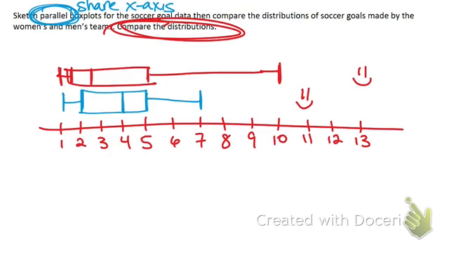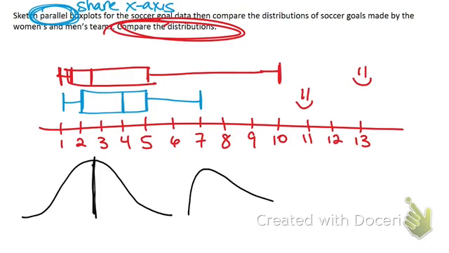Okay, this can be a little bit tricky. Let me show you how to tell the shape of a box plot. We have a symmetric distribution. Where is the median in a symmetric distribution? In the middle.